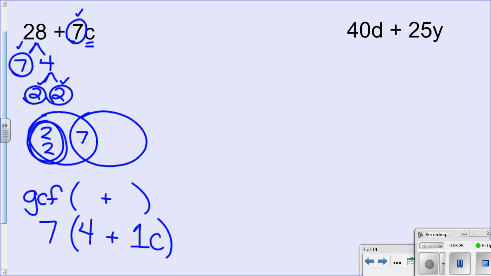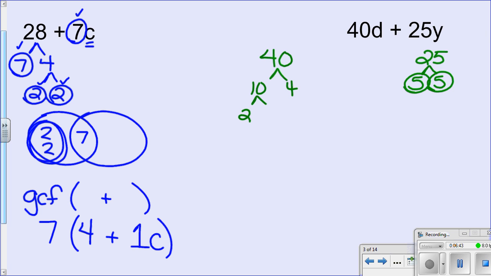And one last example, 40 and 25. Let's start with 25. 5 times 5, both prime, circle them. 40, 10 times 4. 10 can be broken down into 2 times 5. 2 is prime, 5 is prime, and 4 can be broken down into 2 and 2.